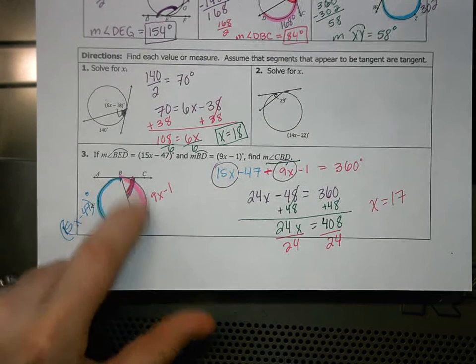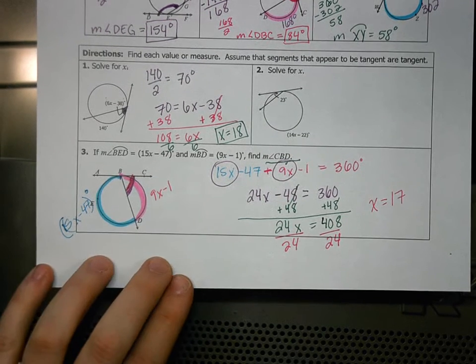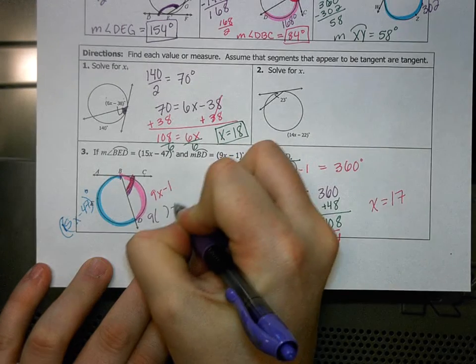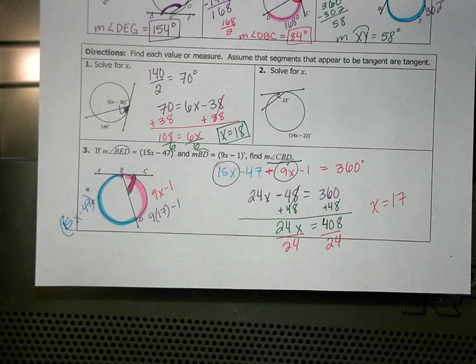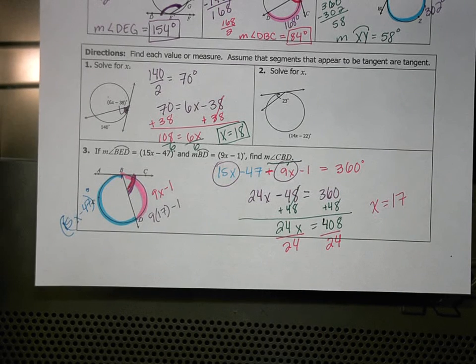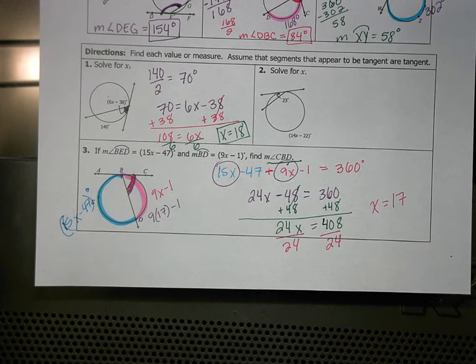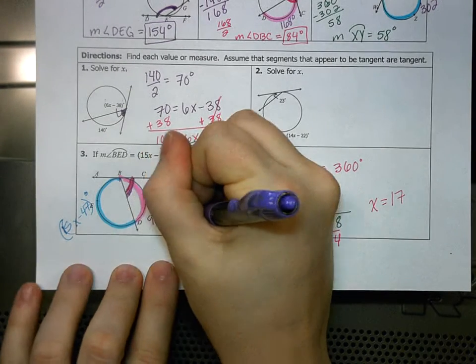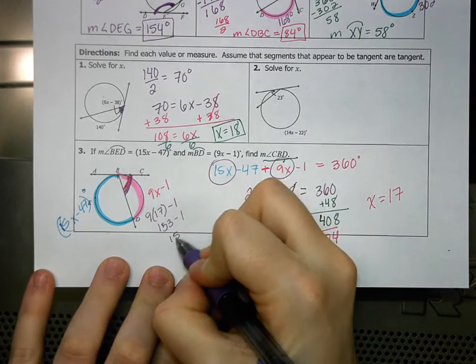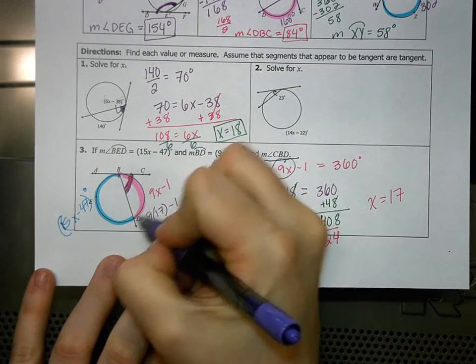We have to find this arc first. So we're going to do 9 times what number minus 1? 17. What's 9 times 17? 153 minus 1 is? Okay, so this arc is 152 degrees.